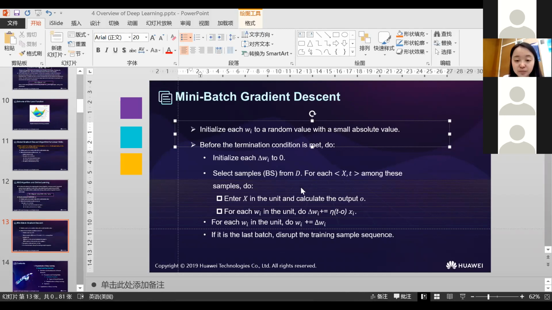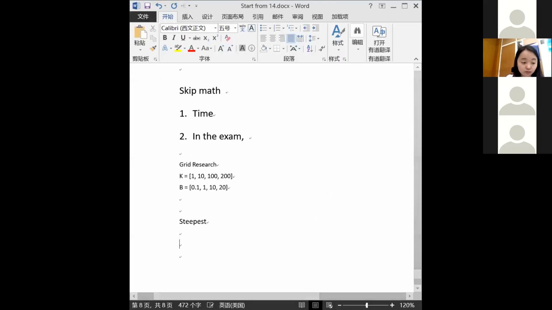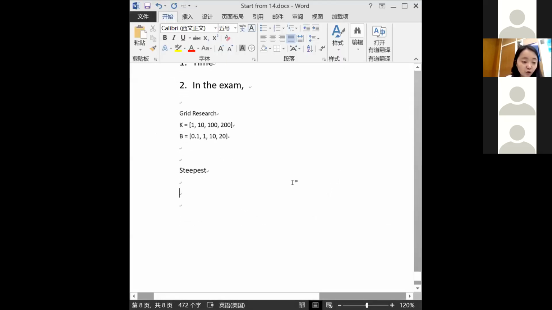We need to decide, maybe I will write here. So for mini batch gradient descent, there is a hyperparameter, we call it batch size. So the value of batch size usually depends on your computing power and the computing storage.